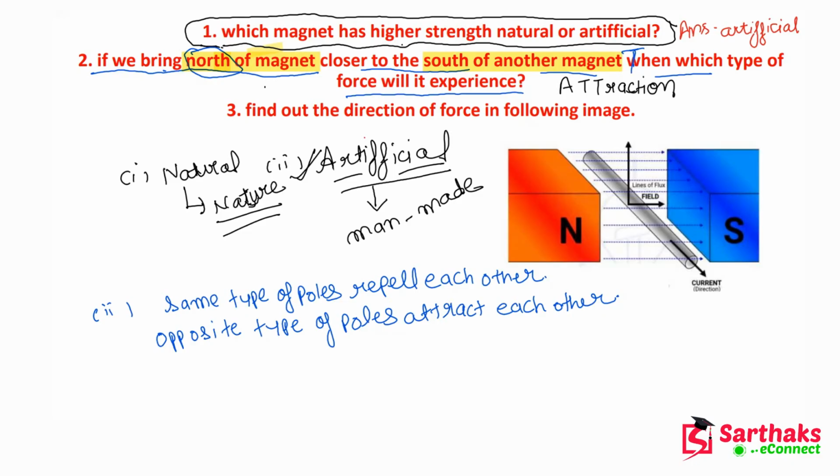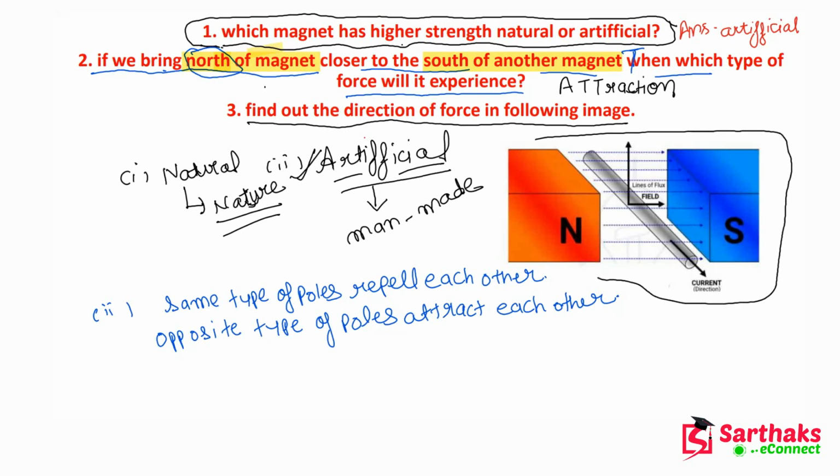Now guys, let's talk about question number 3. This question is saying, find out the direction of force in the following image. Okay, so basically this image is given and we have to find out the direction of force.